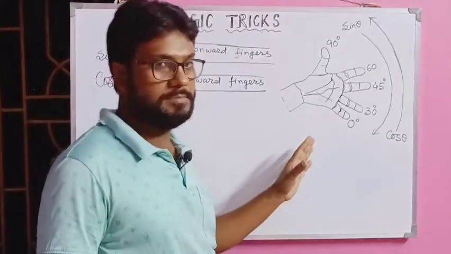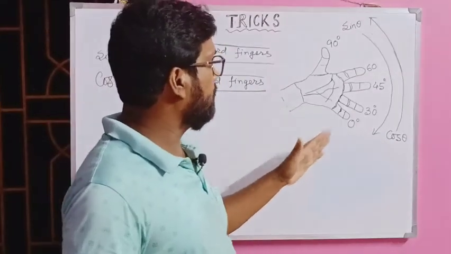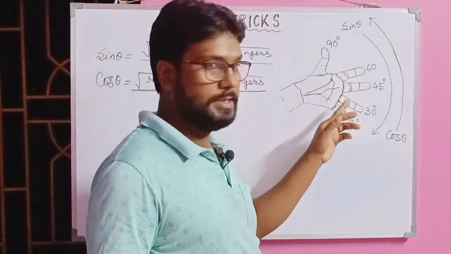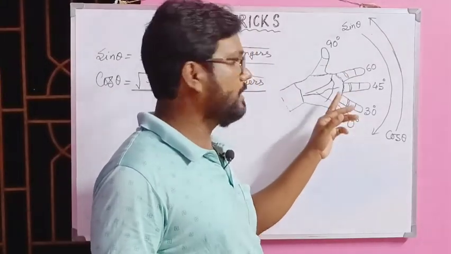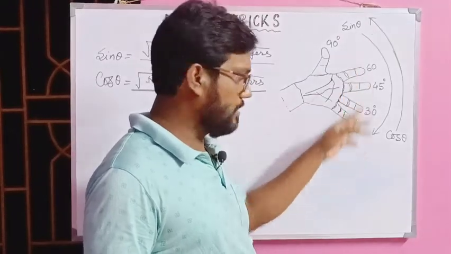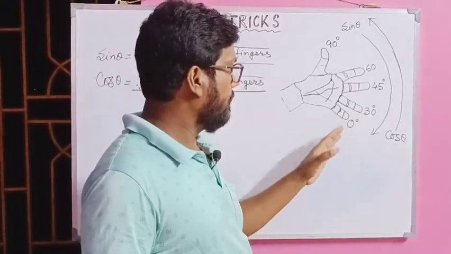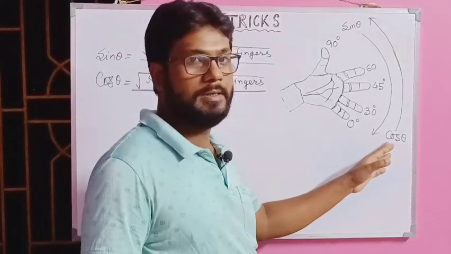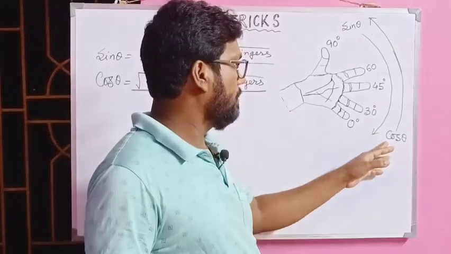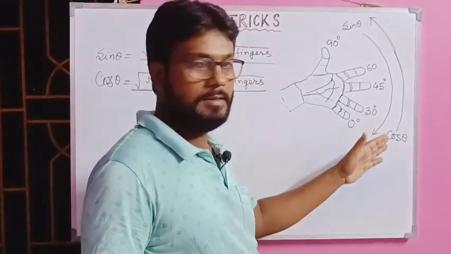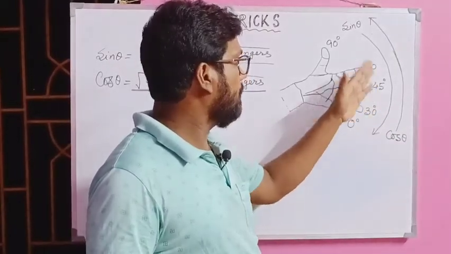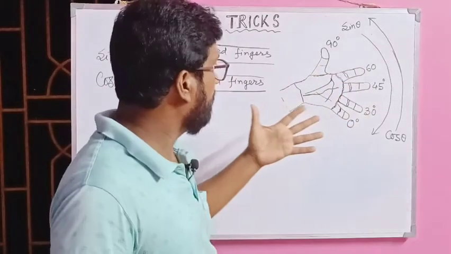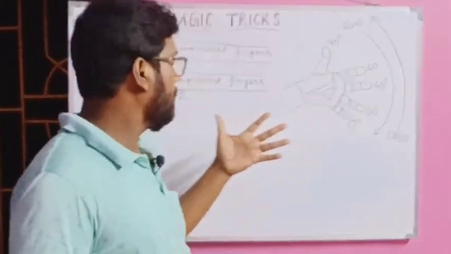There is a rule: when we calculate the value of sin theta, we must count the fingers in the downward direction. When we calculate the value of cos theta, we must count the fingers in the upward direction. It is a very simple rule.